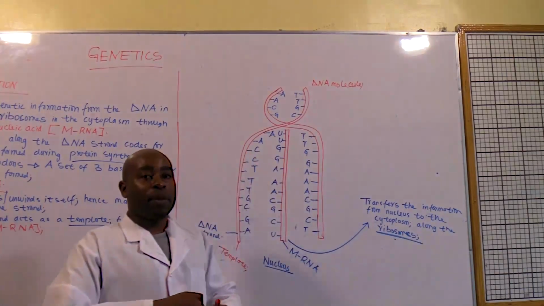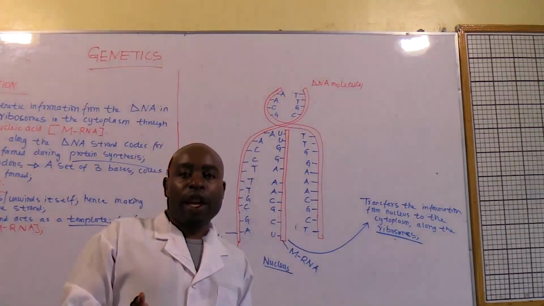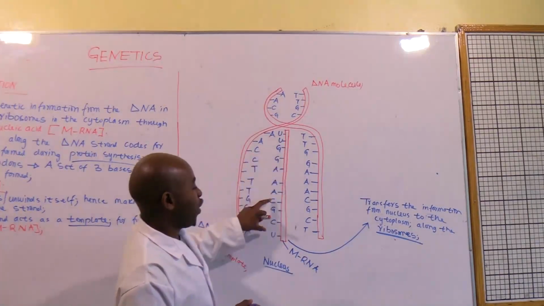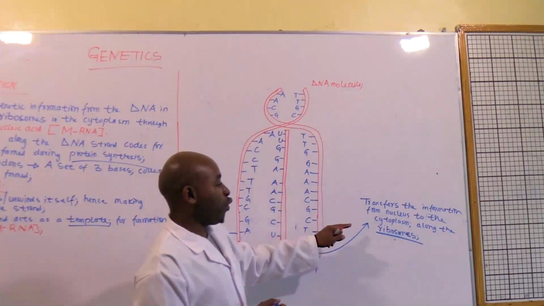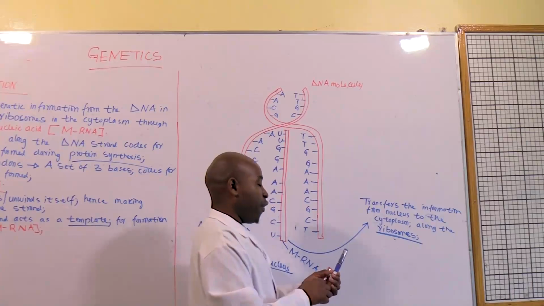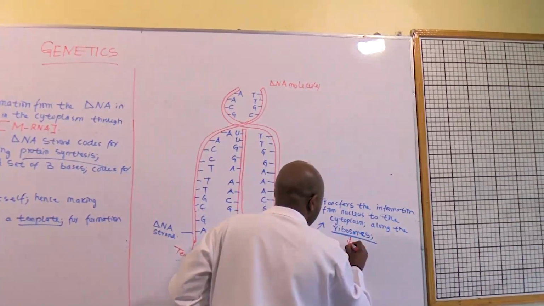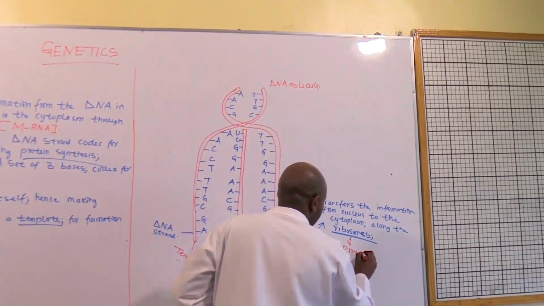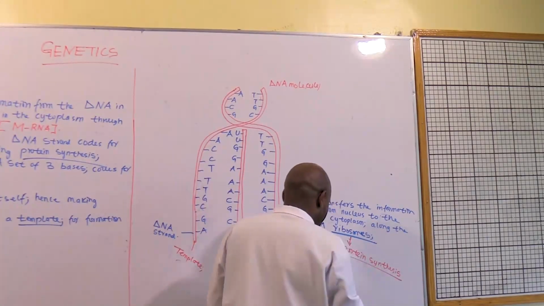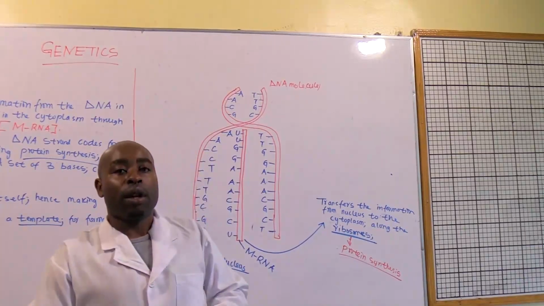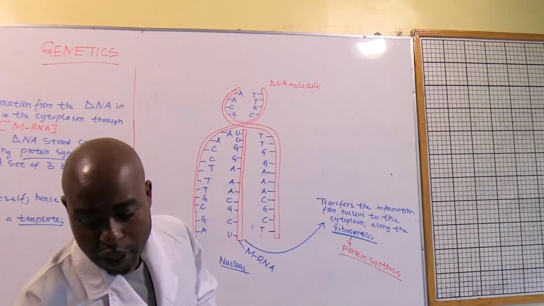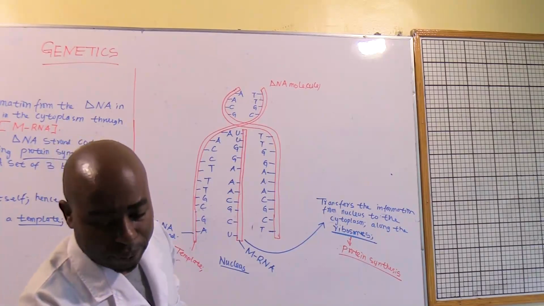Remember the role of the ribosome? It gives site for protein synthesis. So once this messenger RNA has this coded information from the nucleus, it will transfer this information from the nucleus to the cytoplasm and assemble them along the ribosomes, which will eventually be used for protein synthesis. And through protein synthesis, that is now when we have the structural properties of an individual. So that is the formation of the messenger RNA.